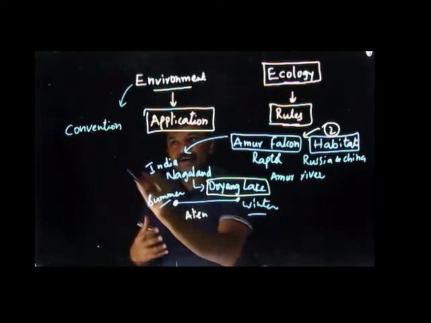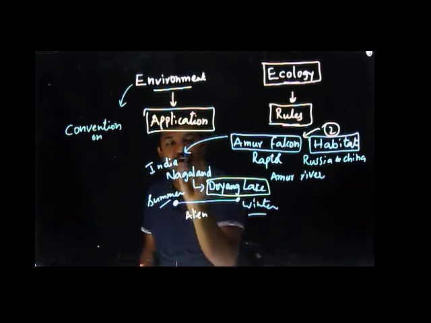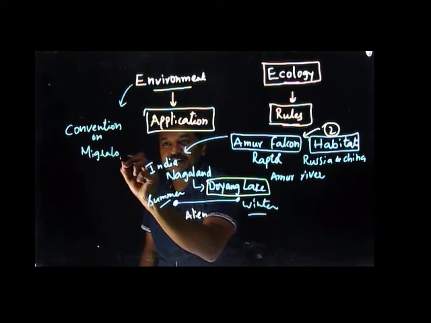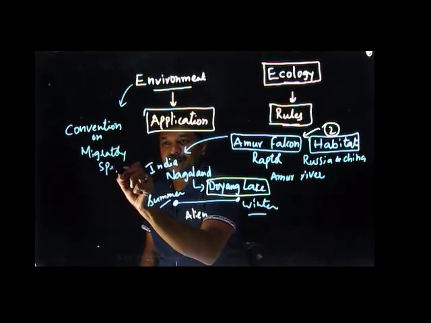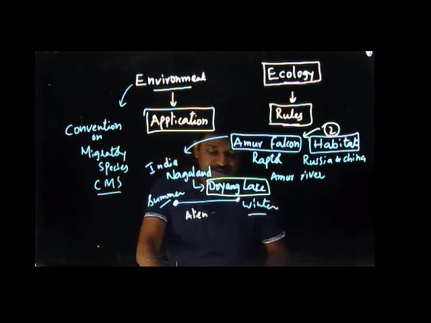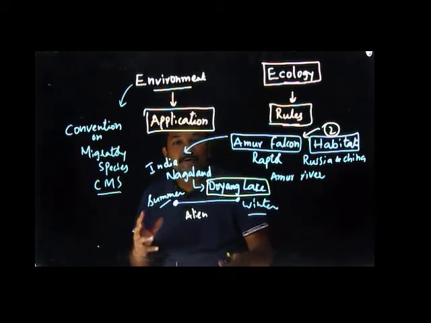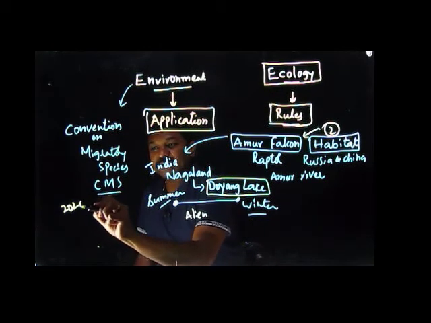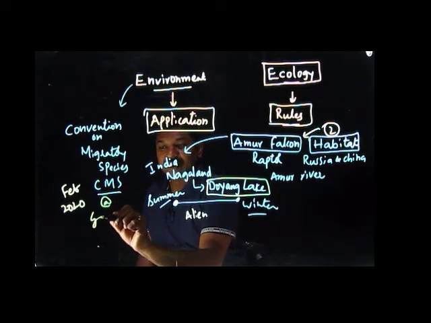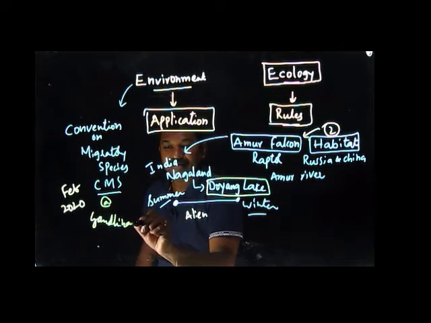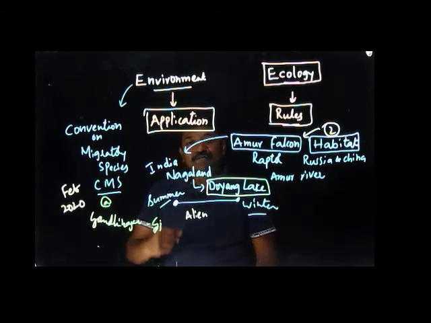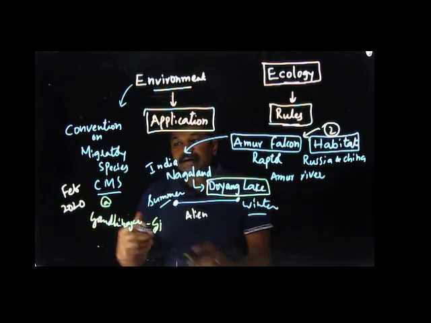Since it is a meeting on what type of species are called migratory species, this convention is popularly called CMS, which took place recently, in February 2020, at Gandhinagar of Gujarat. This is where most of the people might be knowing the convention.